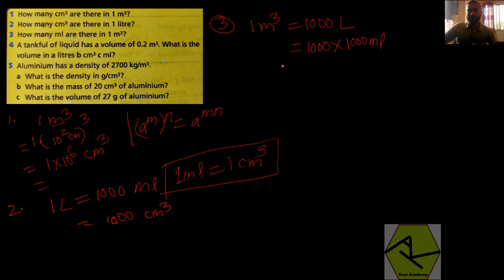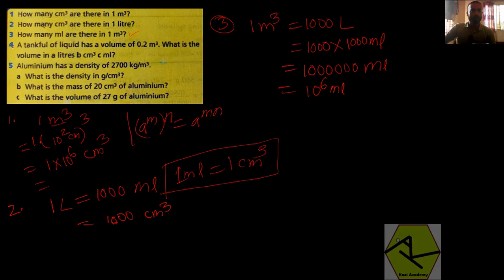So that means 10 to the power 3 times 10 to the power 3, which is 10 to the power 6 milliliter in 1 cubic meter. That is the answer.